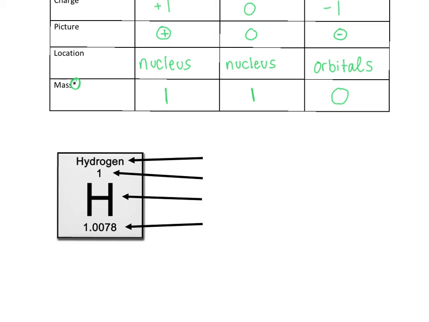So just as an example, information that you should be able to find on every periodic table and every little square, I guess, for each element, you should be able to find the name of the element. You should be able to find the symbol of the element.